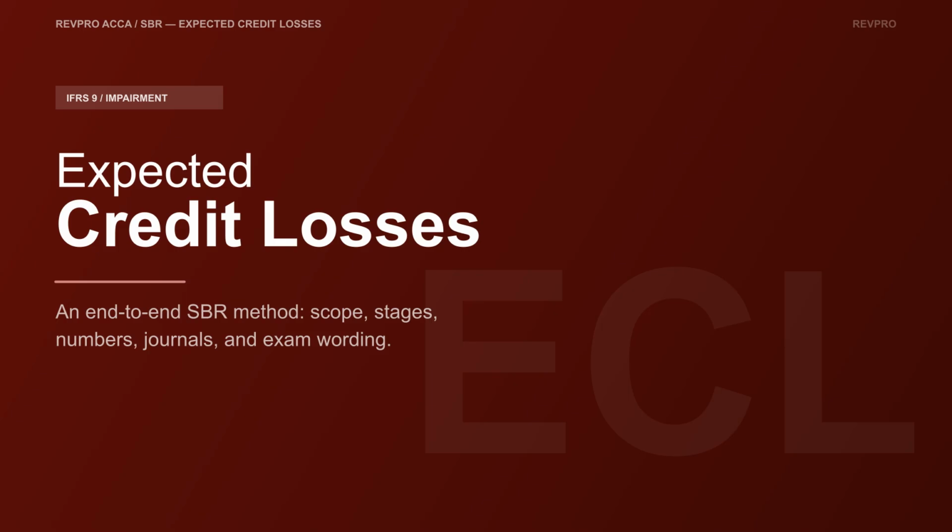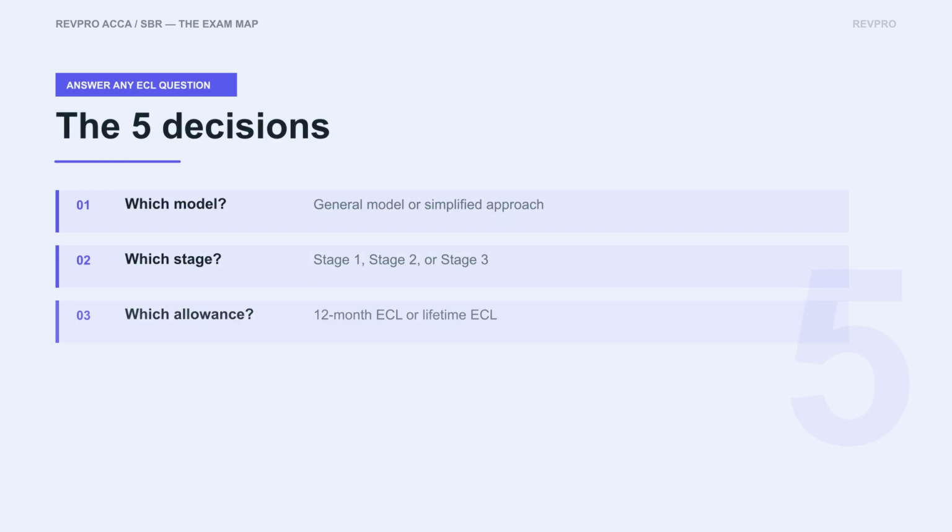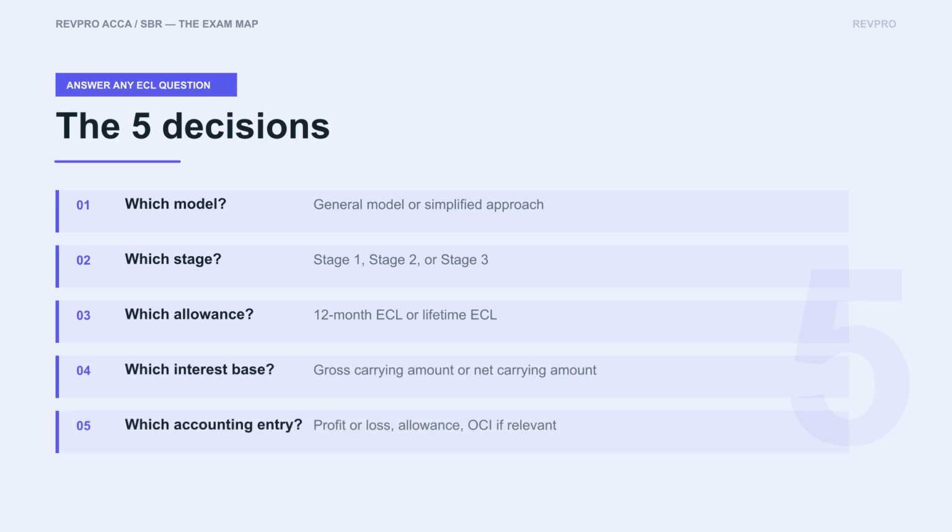In this video, we build the full exam method from zero, then apply it to loans, discounting, trade receivables, journals, and written explanations. Here is the map before we start. First, decide which impairment approach applies. Is it the general three-stage model or the simplified approach for trade receivables and some contract assets?